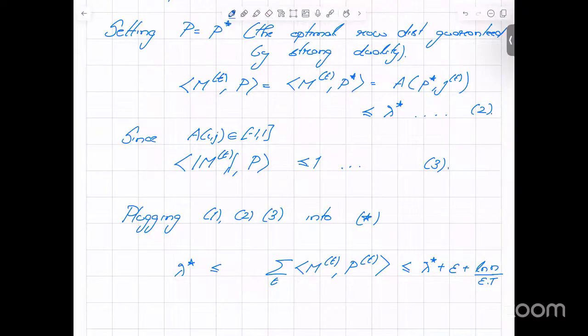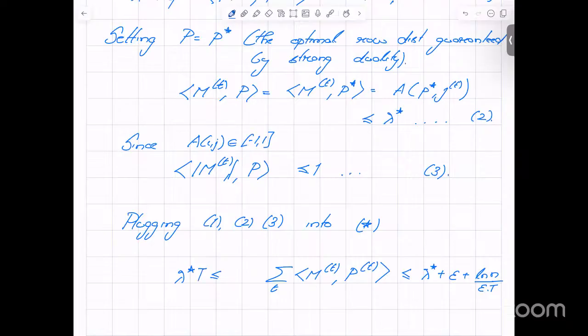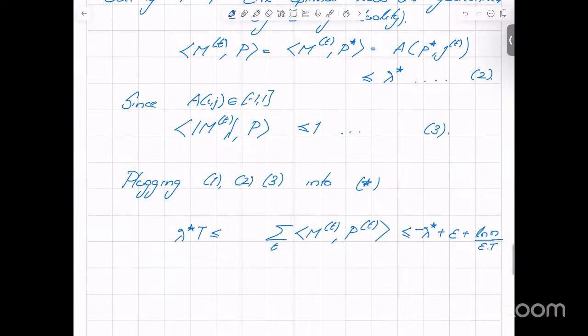So lambda star times t, the summation is less than t lambda star plus epsilon t plus ln n by epsilon.